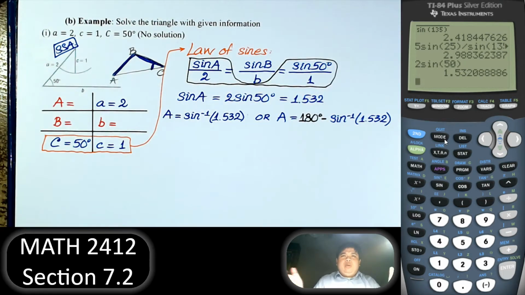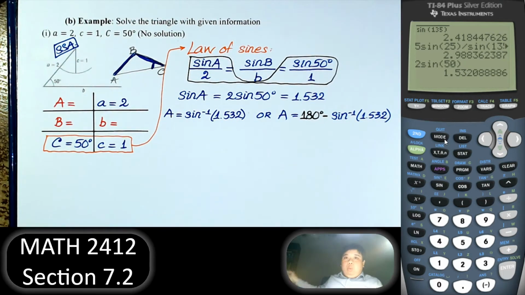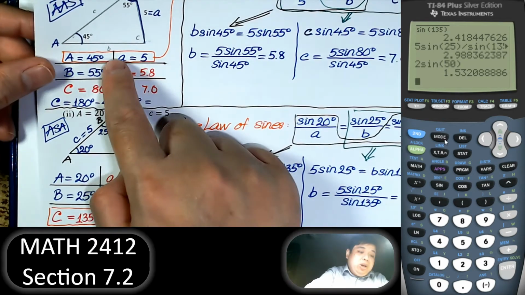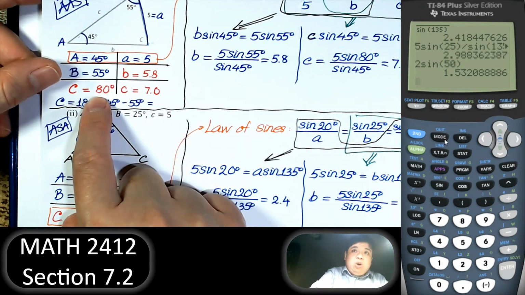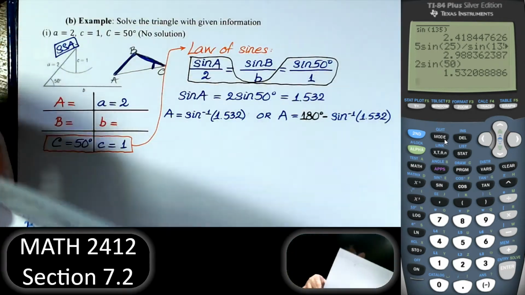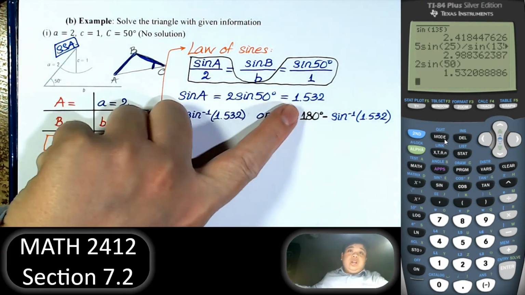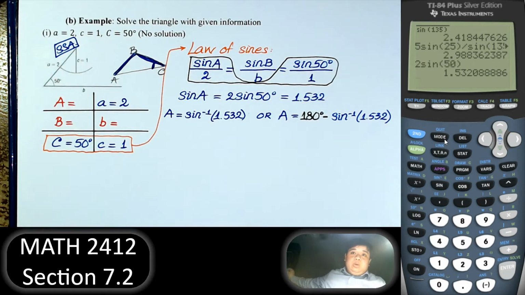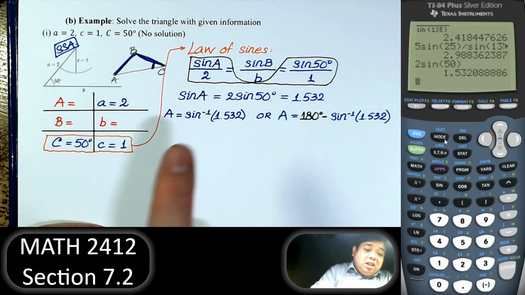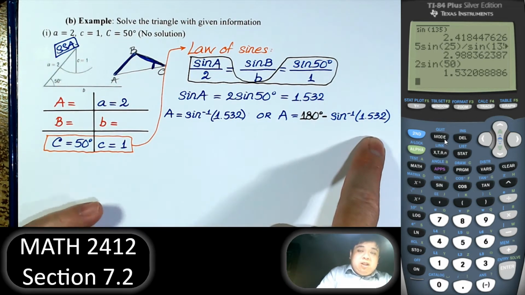Right, they'll say why we didn't use that before. Well, we didn't, because in here we know two angles, we know the last one, we don't need to do the sine inverse. We don't have to solve an equation, sine of something equal to a number. When we solve for that, it's sine inverse or the supplement of the sine inverse.